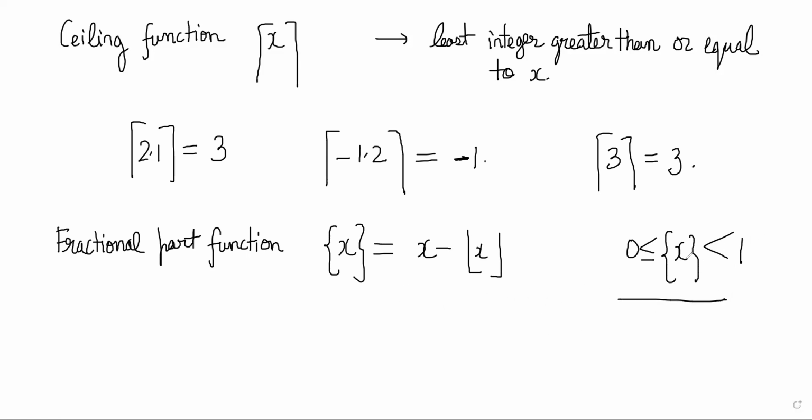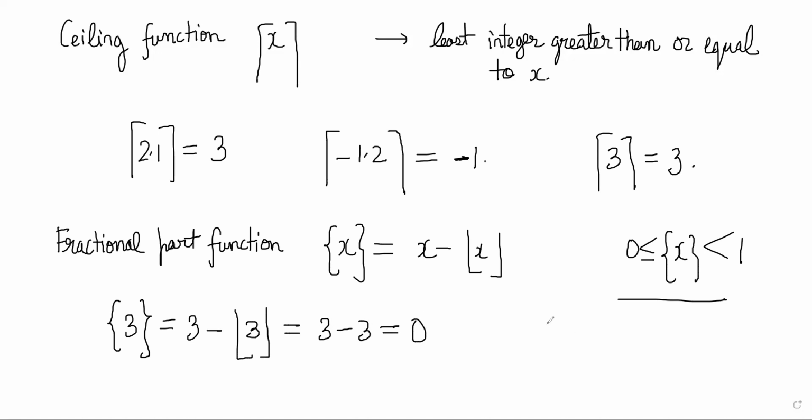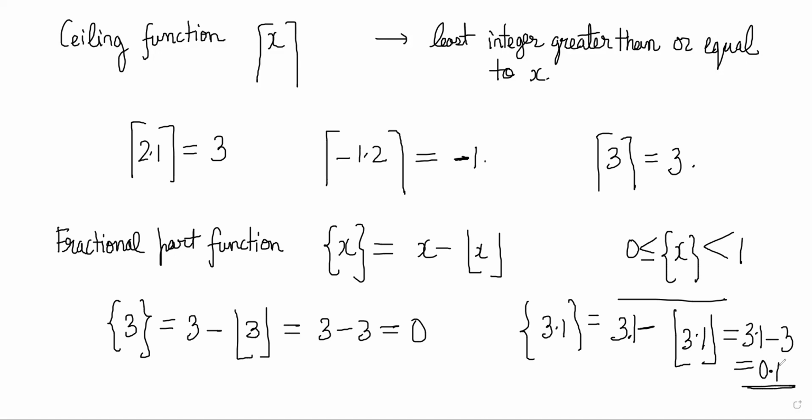It will be 0 if the input was an integer. So the fractional part of 3 is 3 minus GIF of 3, which is 3 minus 3, which is 0. And for something else like 3.1, the fractional part is 3.1 minus GIF of 3.1, which is 3.1 minus 3, which is 0.1. So this is the basic definition.